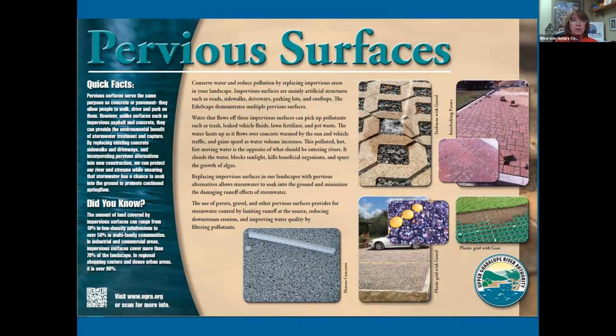Pervious means that it allows water or liquid to infiltrate, to go through, whereas impervious, such as our roadways and hard walkways or sidewalks, do not allow that, and they instigate a little bit of runoff when you have a compact hard surface like that.